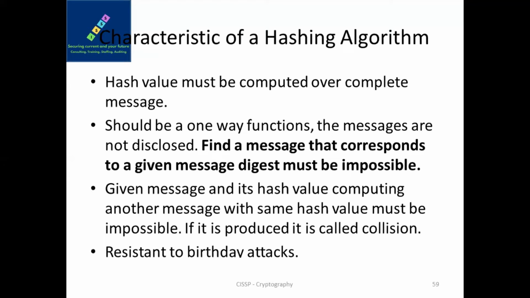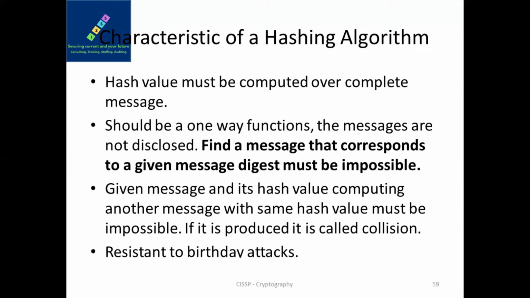Okay. The characteristics of the hashing algorithm: it must be computed over the complete message. We saw in the demonstration I am CISSP certified and I am CISSP certified not. It should be one-way, so it should be impossible to calculate what the input is from the message digest or the hash value.